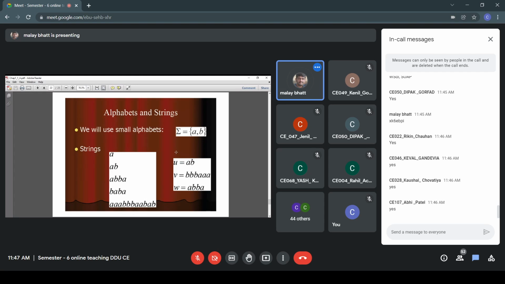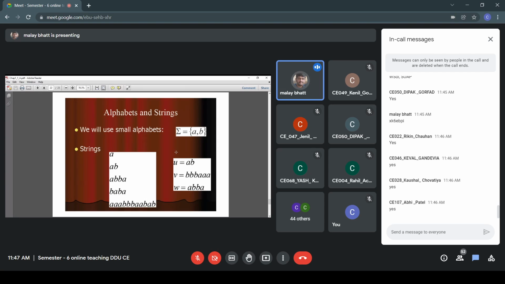Similarly, when I combine A with A, I get a third pattern of length 2, AA. And when I combine B with B, I get the fourth pattern, BB. So we have 4 different combinations of length 2: AB, AA, BA and BB only.